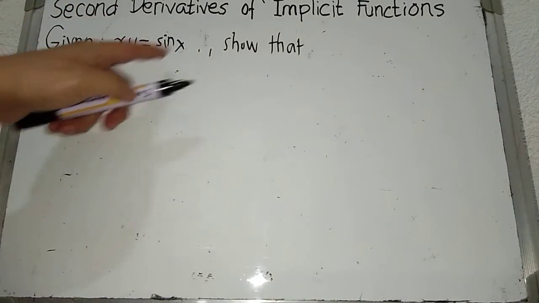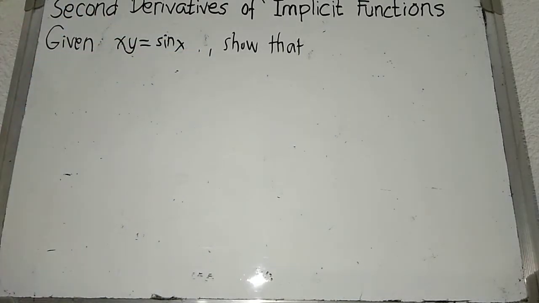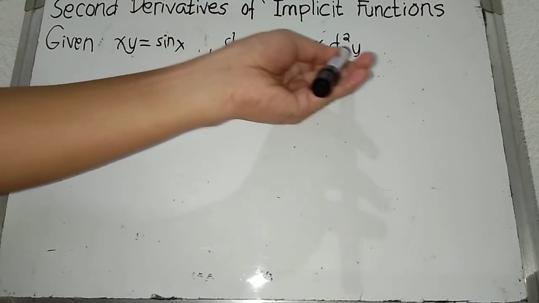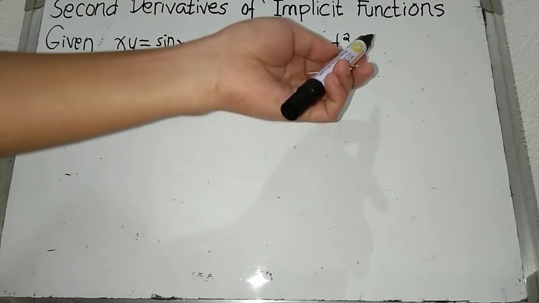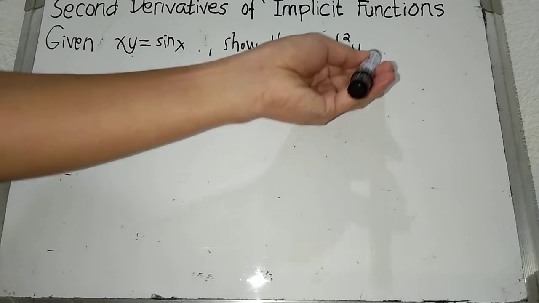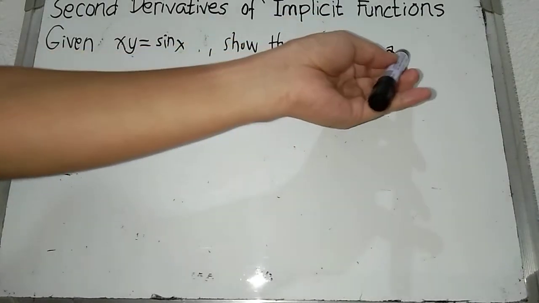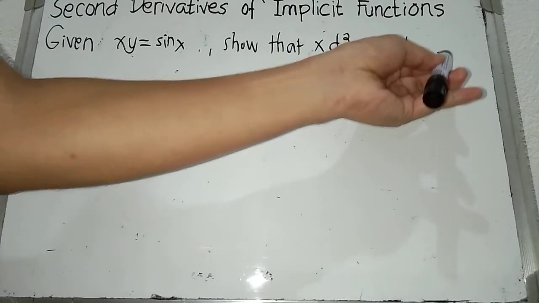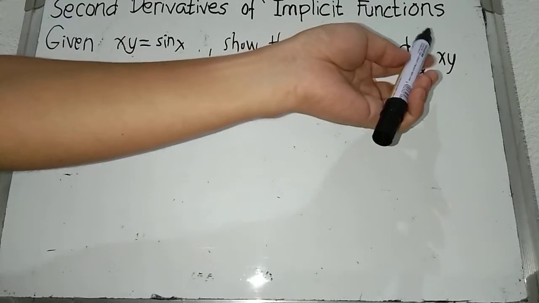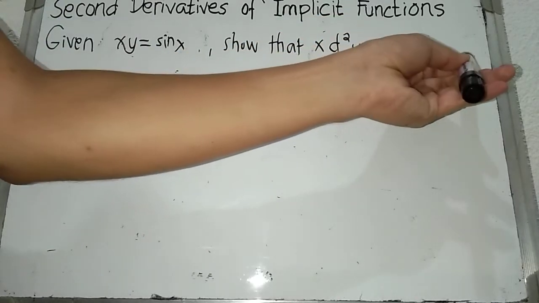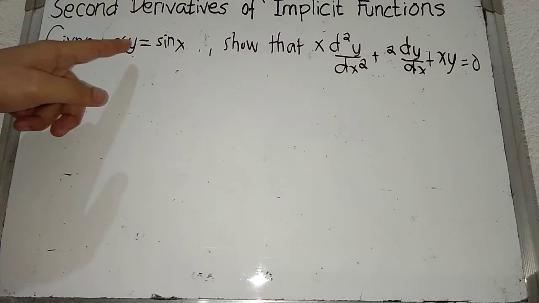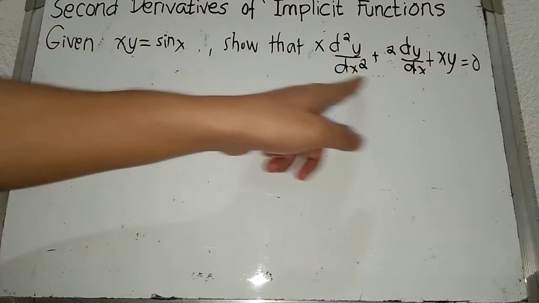This is our implicit function, and we're going to show that we have here x, the second derivative of y with respect to x, plus 2 dy over dx, minus xy, or shall I say plus xy is equal to 0. So at this point, we are going to prove that this implicit function has a second derivative of this one.